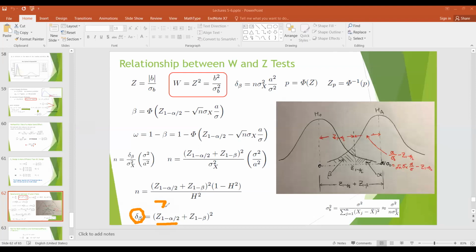This is Z1. We want to calculate Z1 here, and this is Z2. If we can calculate Z1 and Z2 given alpha and beta, we simply add up these two and calculate the square of this sum. This will give us the non-centrality parameter. Okay, so this is exactly what I do in the code here.